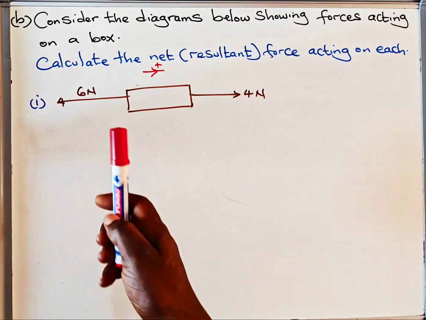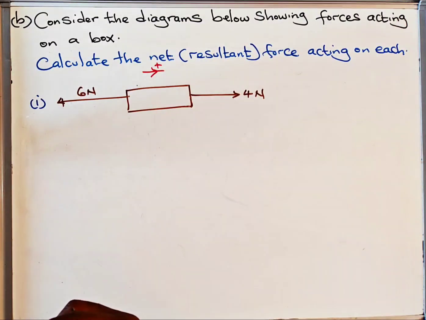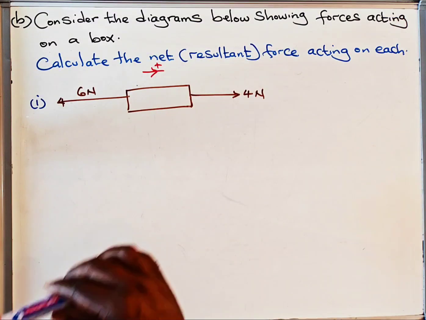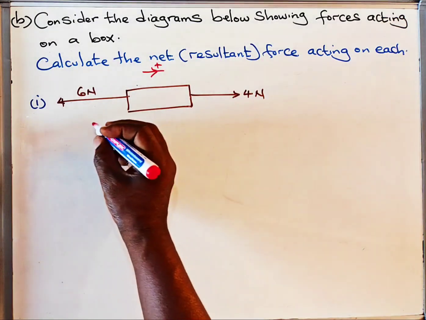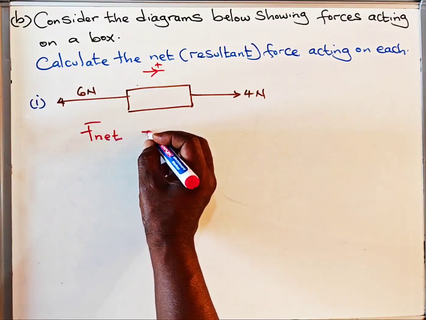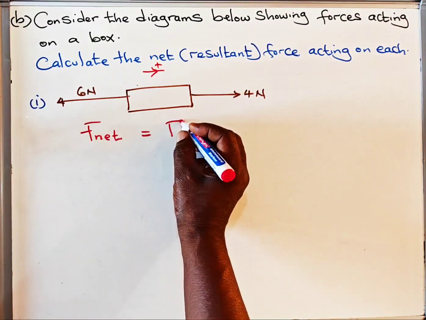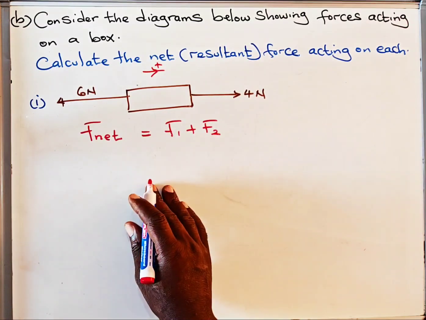Let us take this side positive. I'm right-handed, I prefer that side positive. So how many forces do you have there? We have two. If you have two, you are going to say F net or F resultant is equal to F1 plus F2.